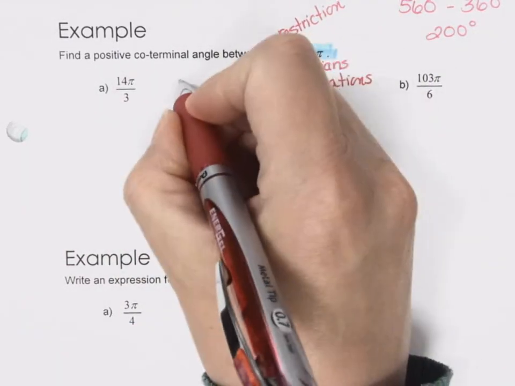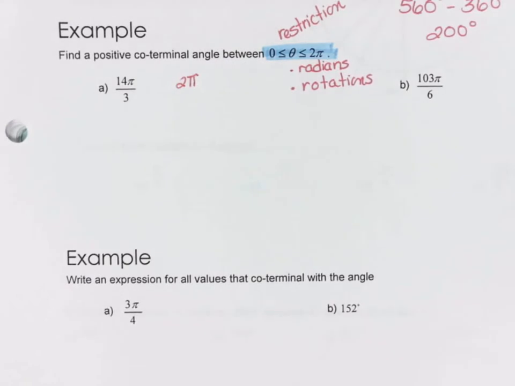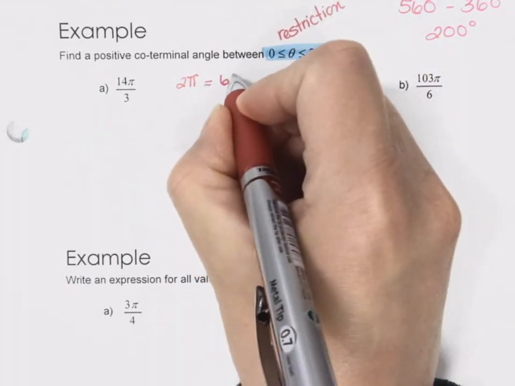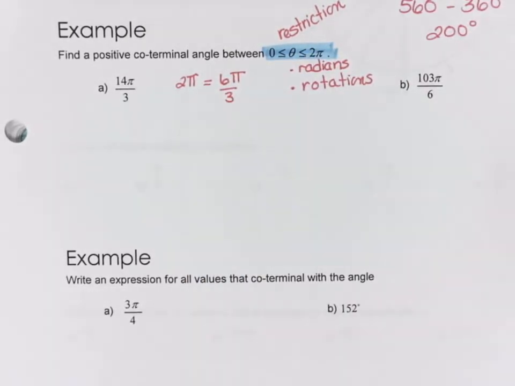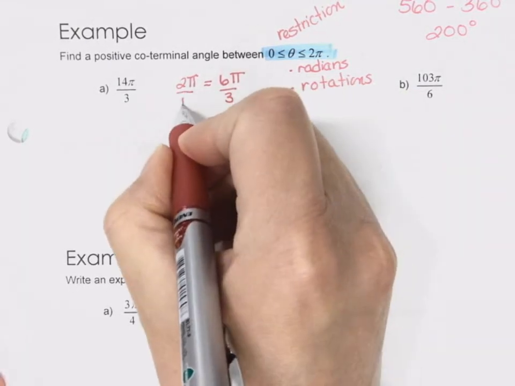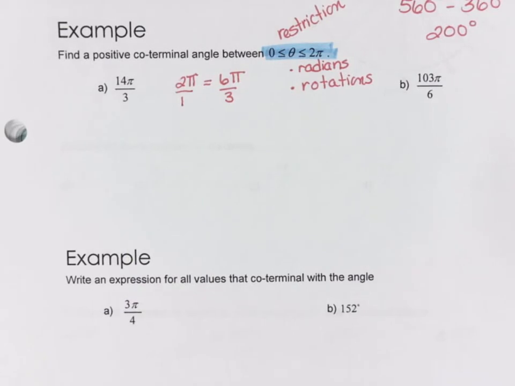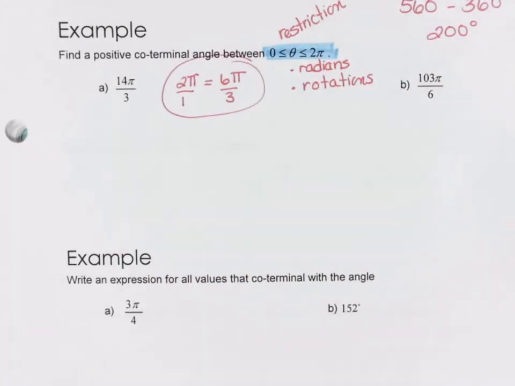Can you guys convert the full rotation to have a denominator of 3? What would that be equivalent to? Like this one has a denominator of 1. I'm going to take the full rotation and convert it to a common denominator, because I know I'm going to have to subtract. And when I have fractions, I have to have common denominators. So this is a step that I do first to help myself.